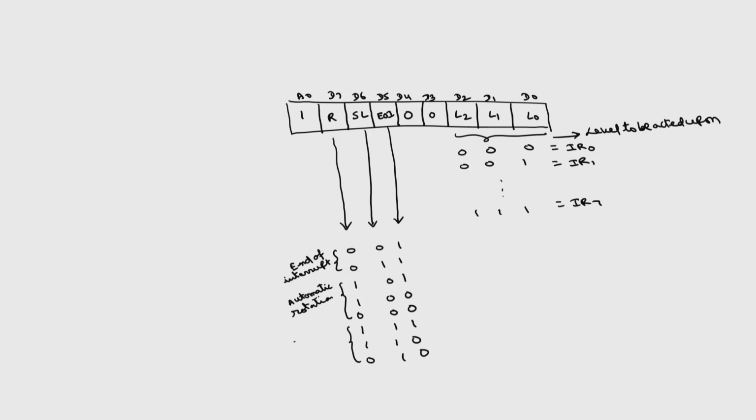This we have already explained. On the other side, the first one represents non-specific EOI command. I have explained what is meant by non-specific. And 0, 1, 1 represents specific EOI command.